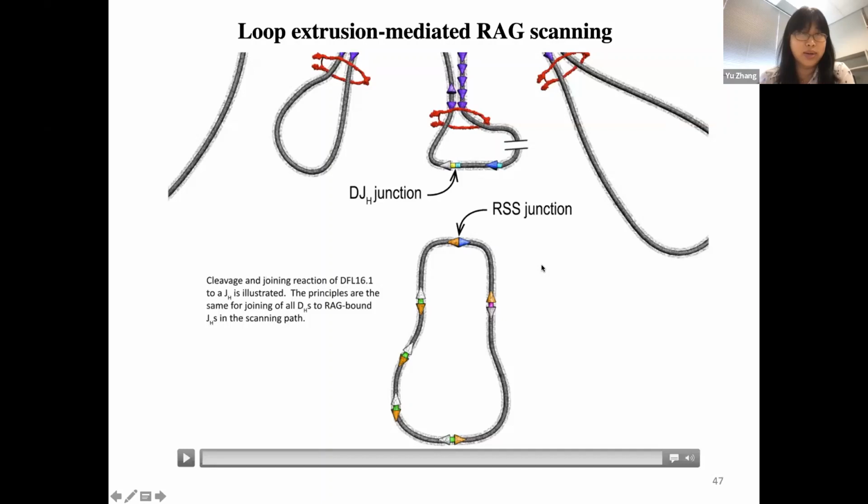Sorry, I just realized it's not a full screen anymore. So in this model, cohesin extrusion mediates the synapsis of a very important enhancer in class switch recombination called the 3' regulatory enhancer. And then it mediates the synapsis of this enhancer with the donor switch region called switch mu.